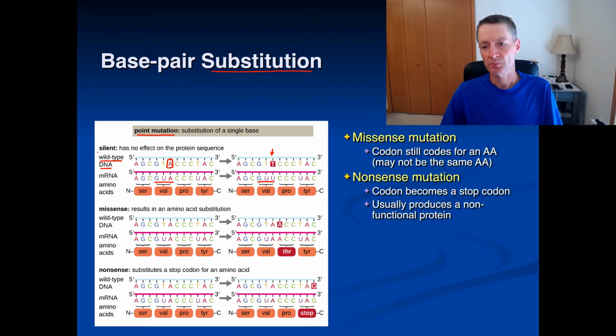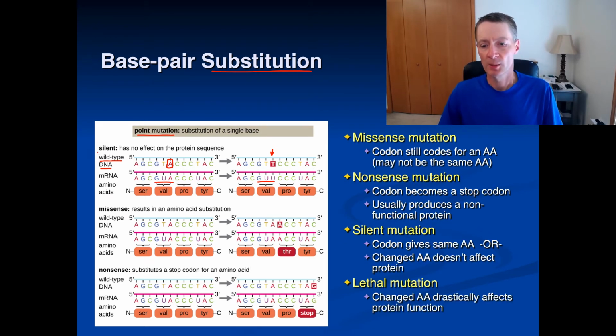Okay? So let's talk about some of the different labels we could give these. One would be a silent mutation. This would be an example of a silent mutation because the substitution has no effect on the function.